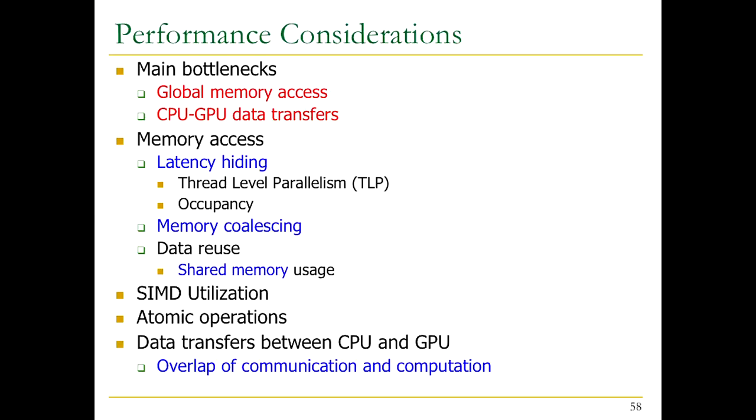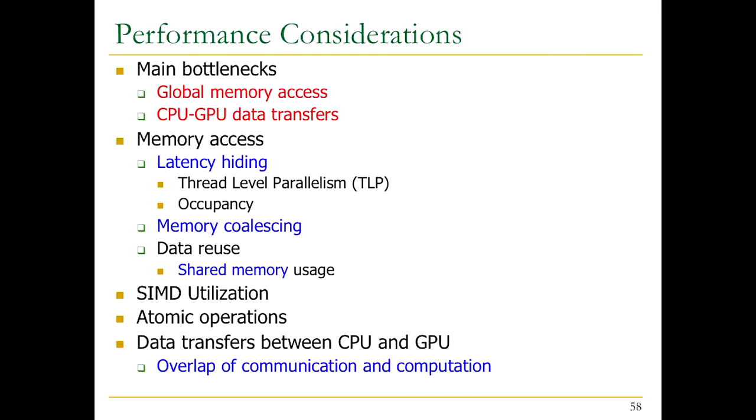Actually, when we talk about these optimization techniques or performance considerations, you will see that most of them, or an important part of them, are focused on improving the memory access in general. So the first thing we will talk about is the latency hiding mechanism that was also introduced in the previous part of the lecture.